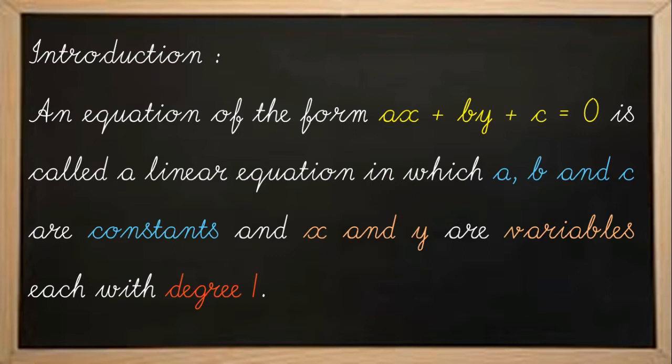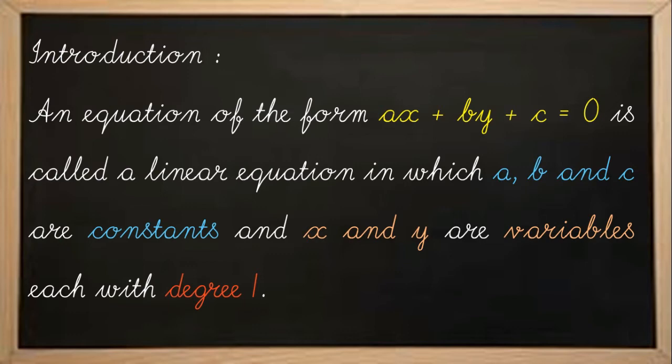Introduction part. An equation of the form ax plus by plus c is equal to 0 is called a linear equation, in which the terms a, b and c are called constants and x and y are variables, each with degree 1.